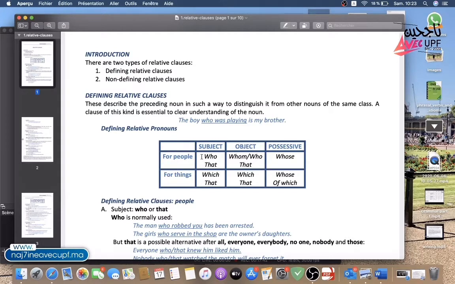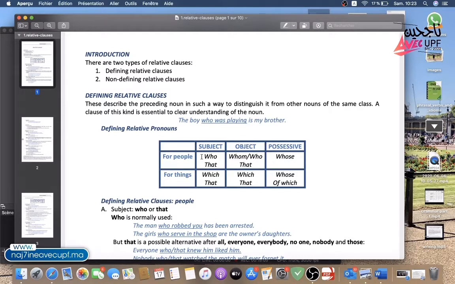Defining relative pronouns: for subjects, for people, we use who or that. For objects, we use whom, who, that. For possessive, alors, whose, meaning possession.